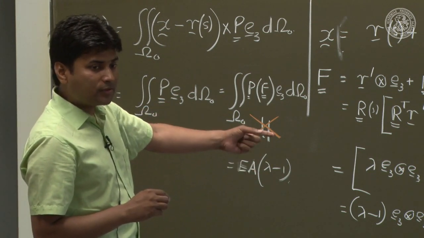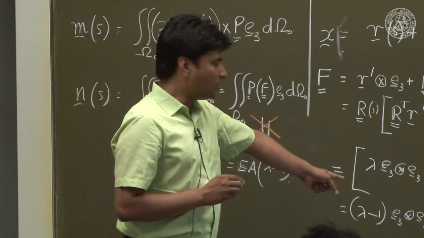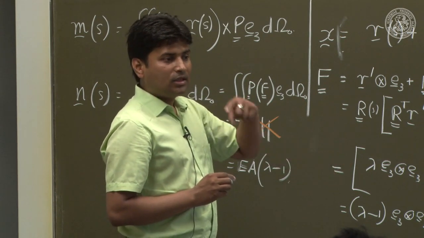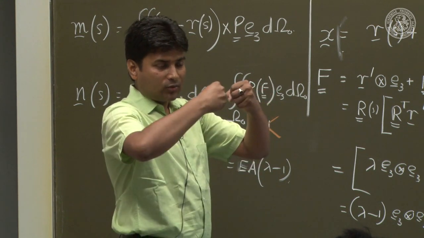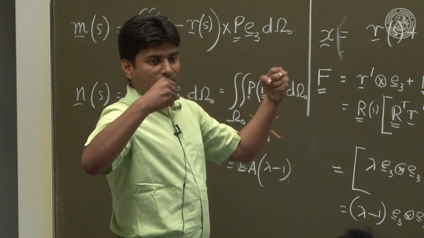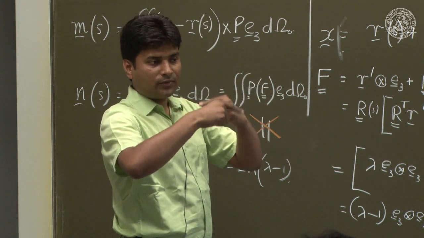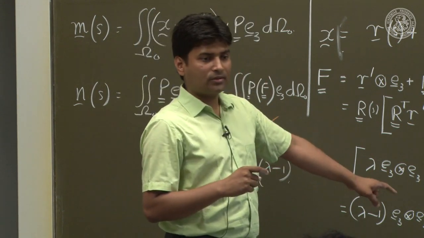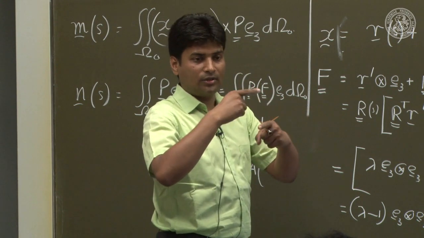And that happens because the constraint kinematics violates the traction free boundary condition. You have a bar, and as you are stretching it, there is nothing on the lateral surface, it is traction free. But if you use this constraint kinematics, it will turn out that it violates the traction free boundary condition.